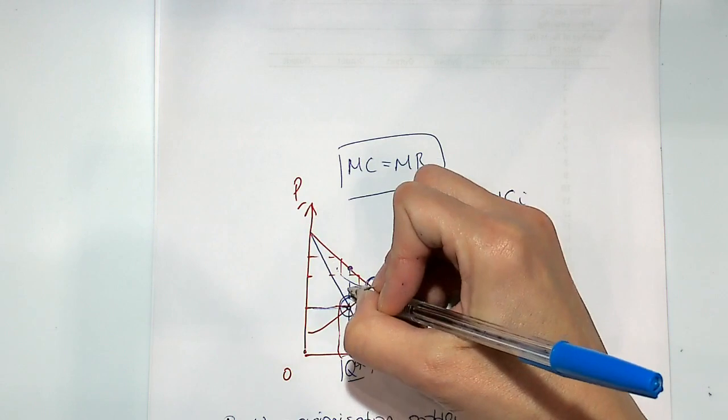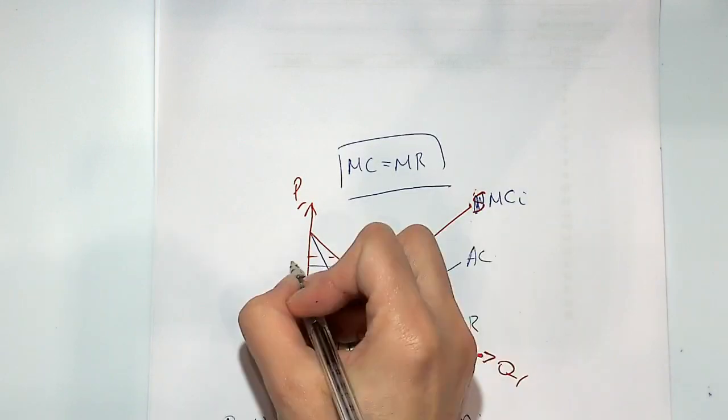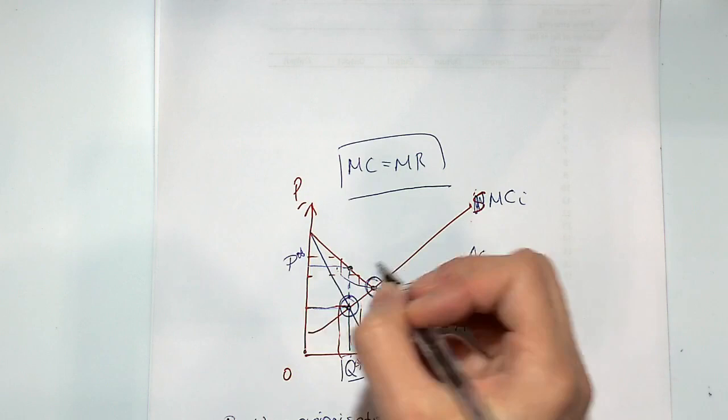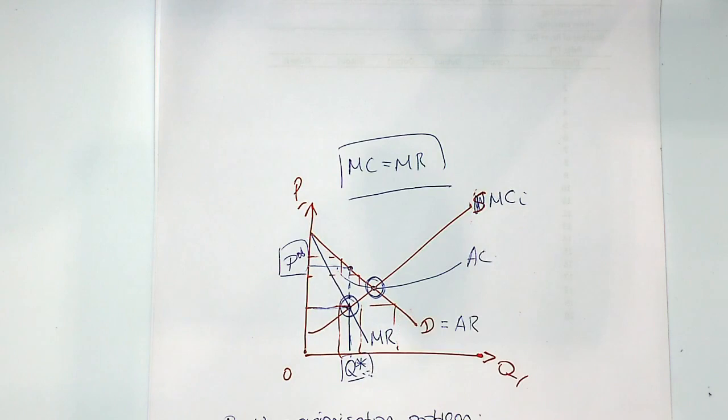So I take that quantity and I go to the demand curve. This is the maximum price that consumers will be willing to pay for the quantity that I released. So that's the price that they will set.